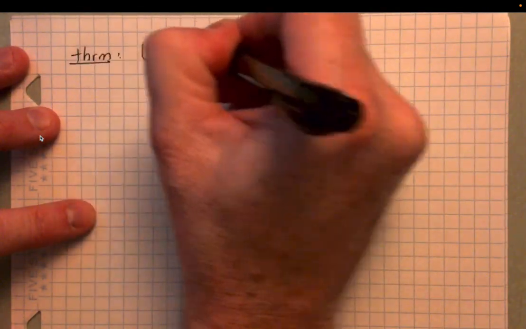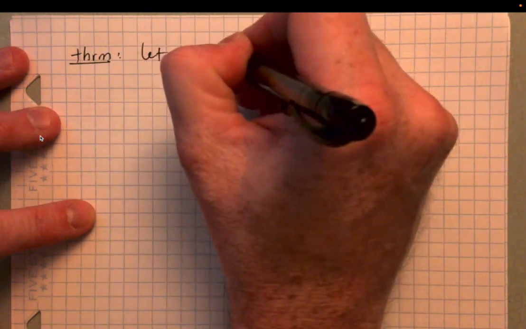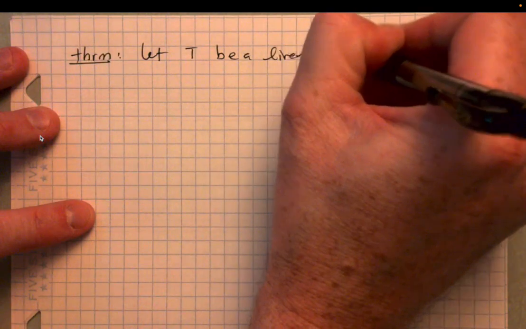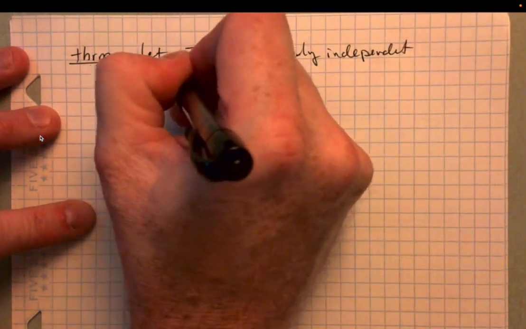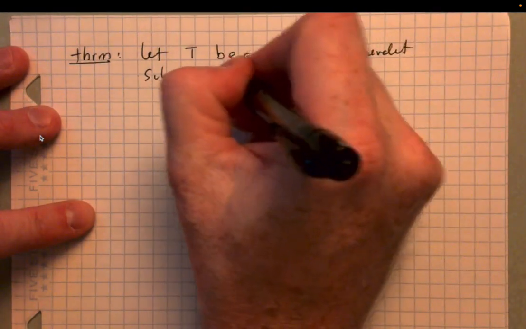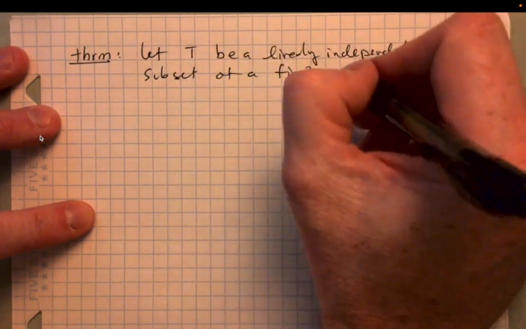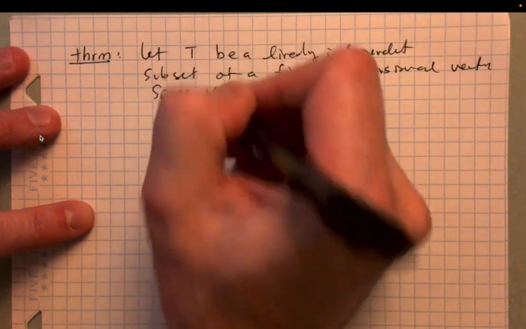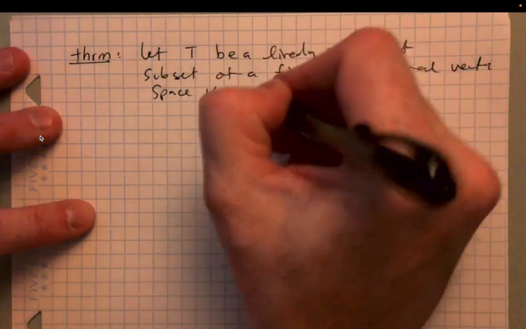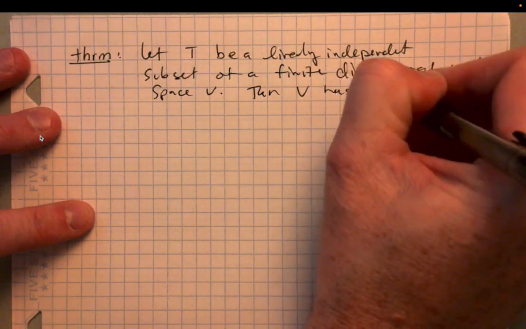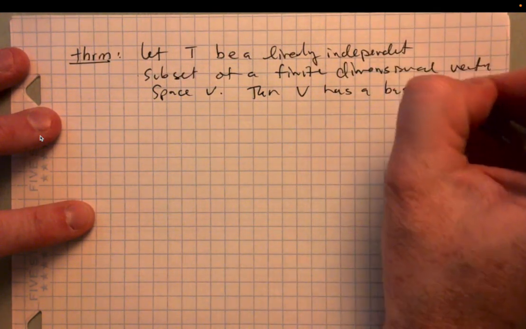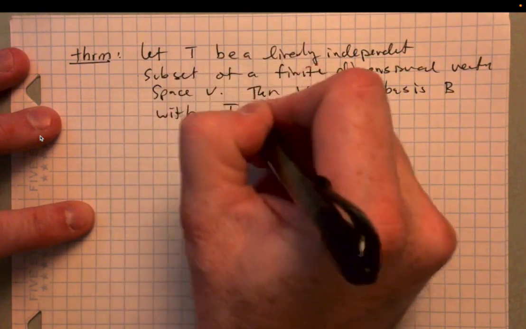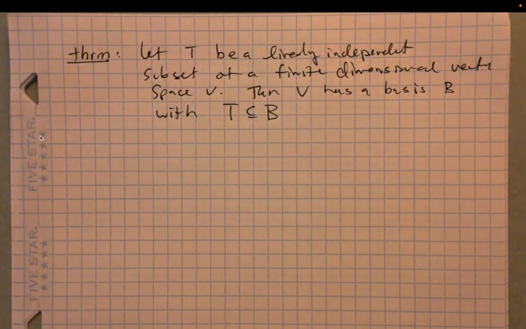Let T be a linearly independent subset of a finite dimensional vector space V. Then V has a basis B with T a subset of B. Now T may be the basis, but more likely T is a subset of the basis. T is going to be missing a few vectors.